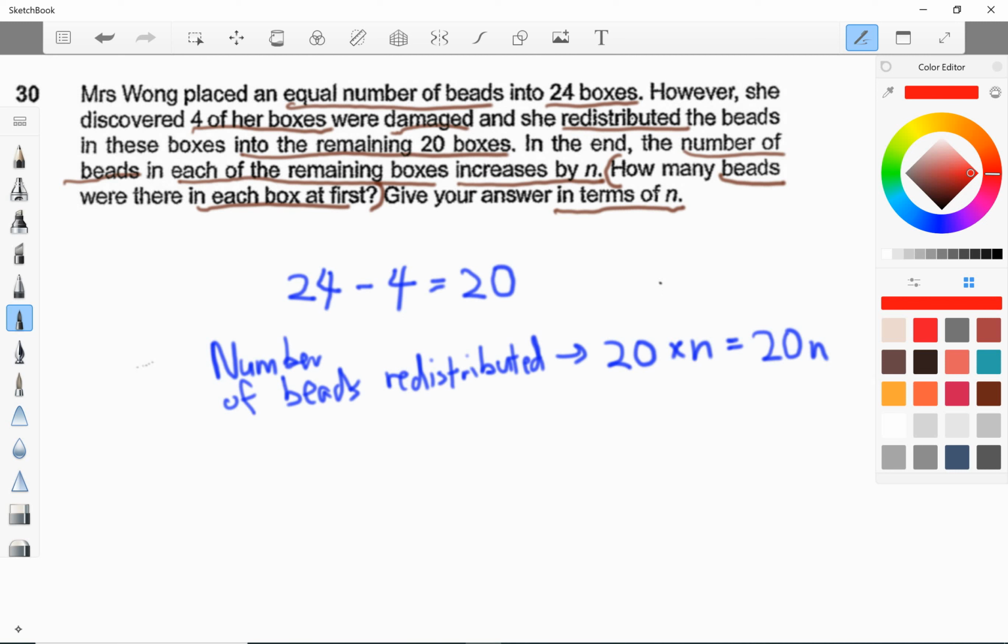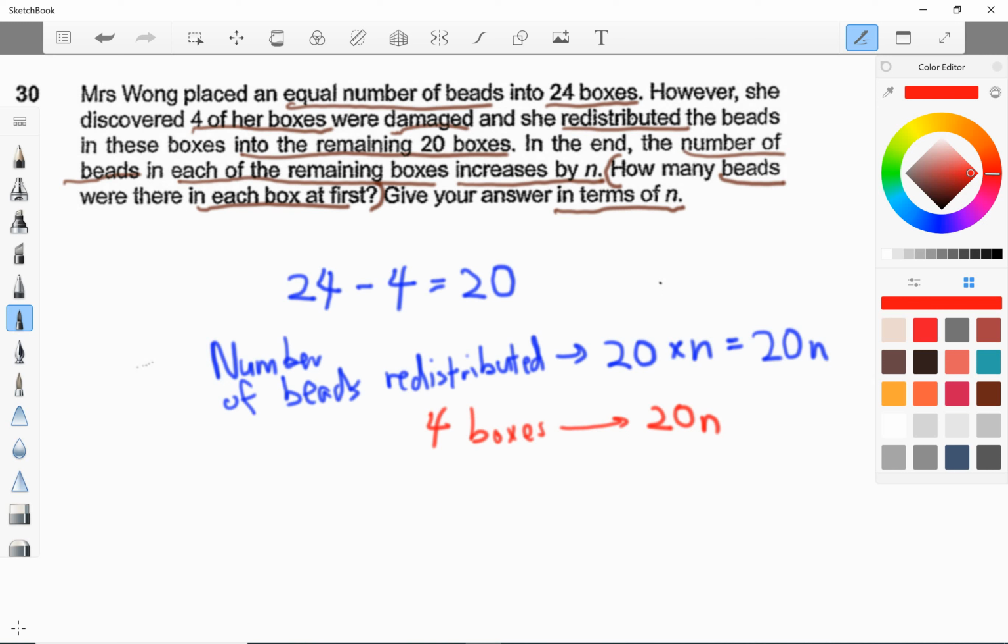So if we read the question again and we try to understand the question deeply, you realize that this 20n actually came from 4 boxes that were damaged. So 4 boxes that were damaged contributed to the 20n overall increase in the 20 remaining boxes.